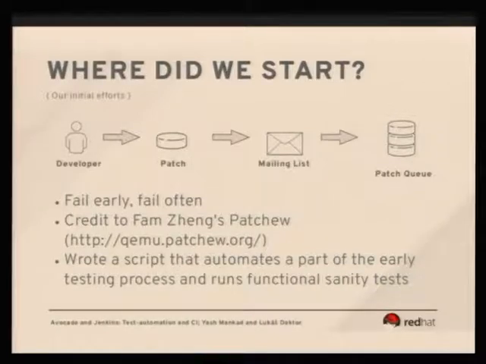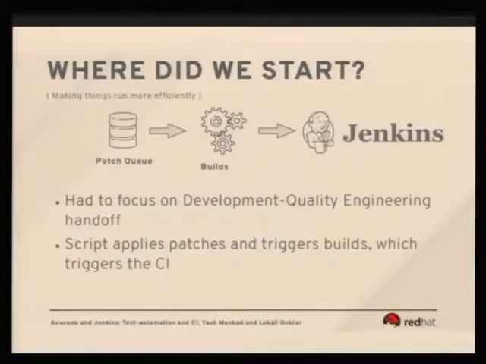Now, this script is very similar to Fam Zheng's patchew, which is an upstream tool which is available for QEMU patch testing. The link for it can be seen on the slide. We then moved our focus to the handoff between development and QE, and that's where Jenkins comes in.